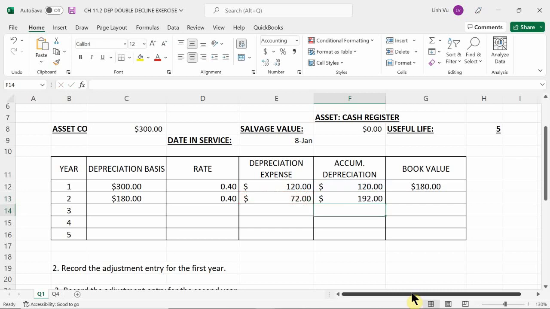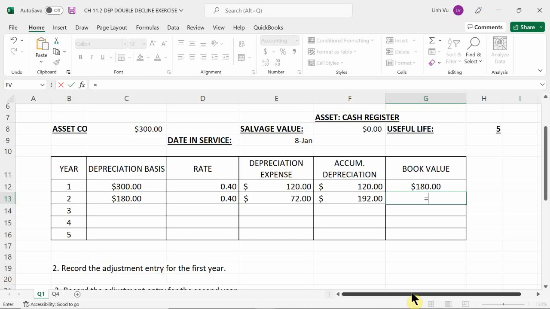$192. So therefore, how do I solve for my book value? Would it be 192 minus 300? 300 minus 192.